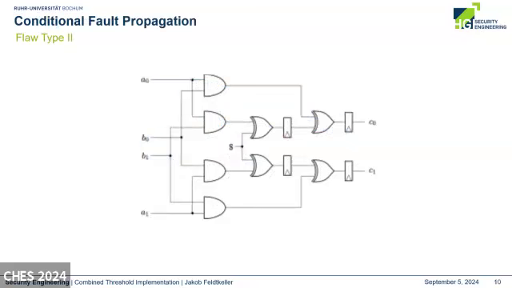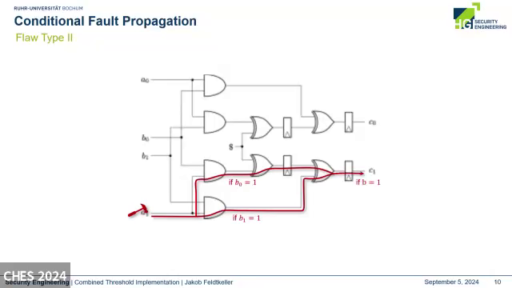The second type is something we call conditional fault propagation. So if we have, for example, a fault in this A1 here, which can be caused by some composition of circuits, then an effective fault in this value will only propagate further through an AND gate if the other value is equal to 1. And through an XOR gate, it will only propagate the fault further if the other value is correct.